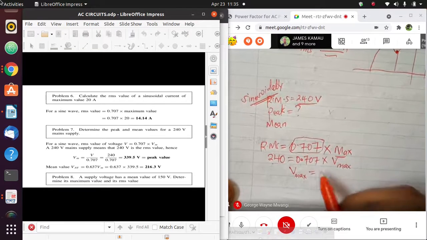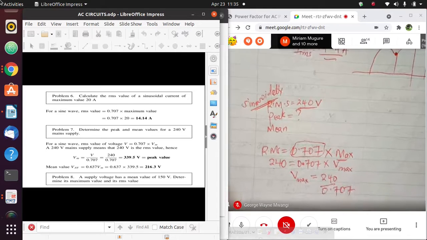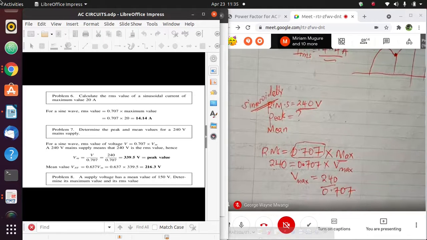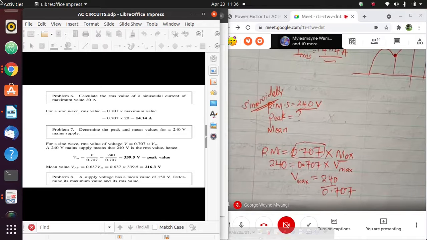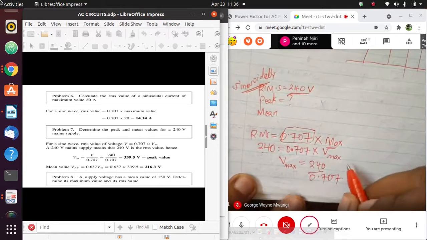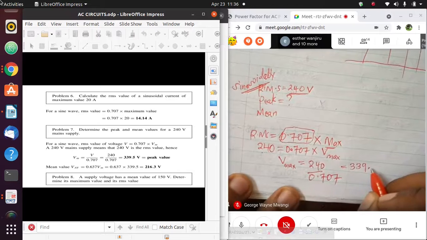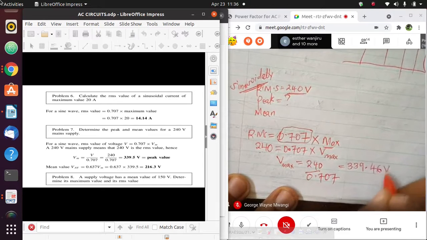Take 240 divided by 0.707. What do you get? The peak value is 339.46 volts.